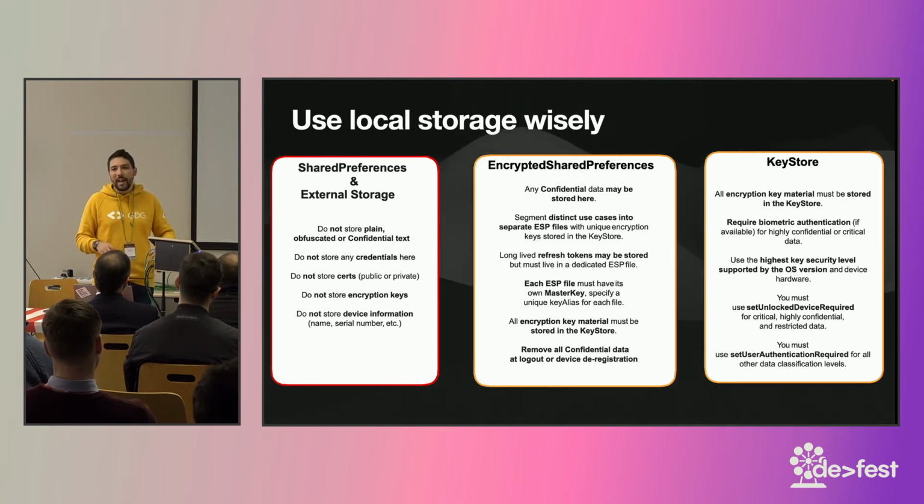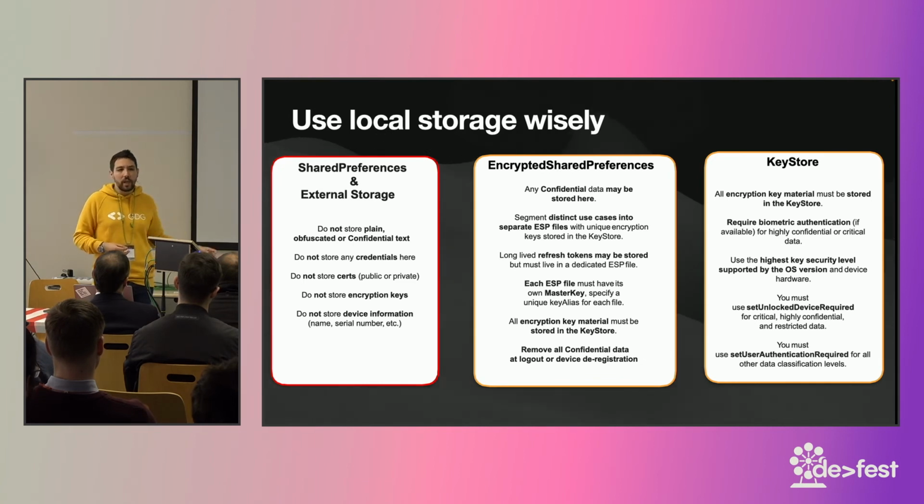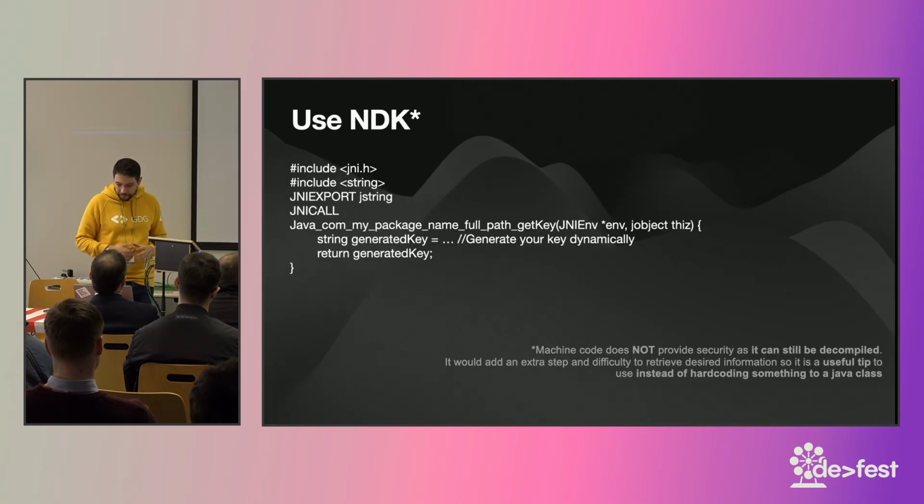There is an elevated security clearance in order to store those encryption keys, and we definitely should be using it whenever we want to store an encryption key straight in there, to be used later on for any sort of encryption and decryption, or even for the encrypted shared preferences.